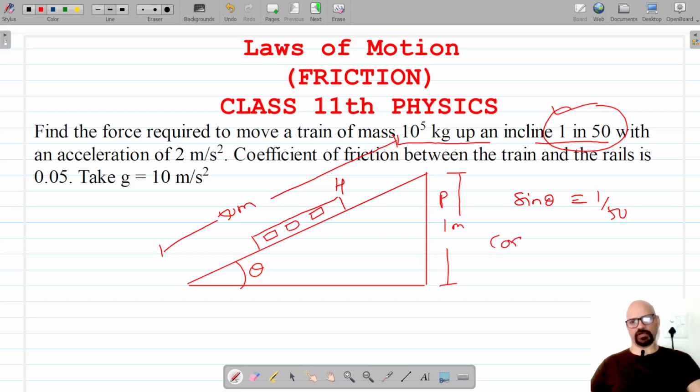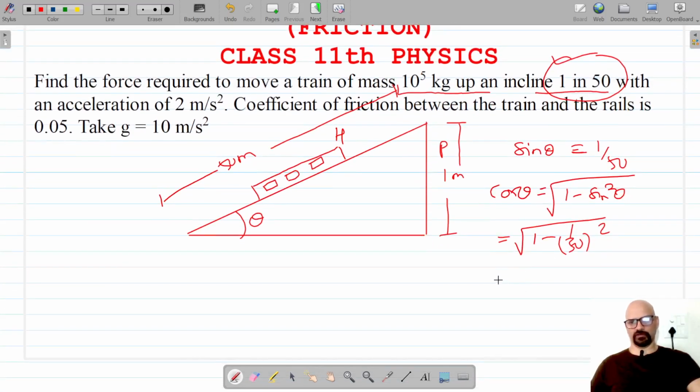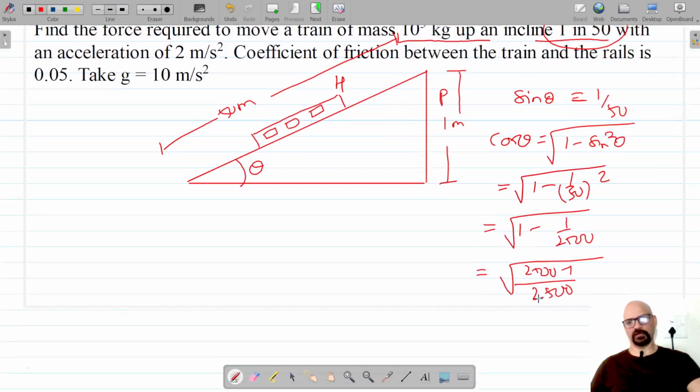Let's also calculate cos theta. So cos theta is the square root of 1 minus sine square theta, and if you put in the value of sine theta, which is 1 by 50, the whole square, this is equal to the square root of 1 minus 1 upon 2500, which will give us 2500 minus 1 upon 2500.